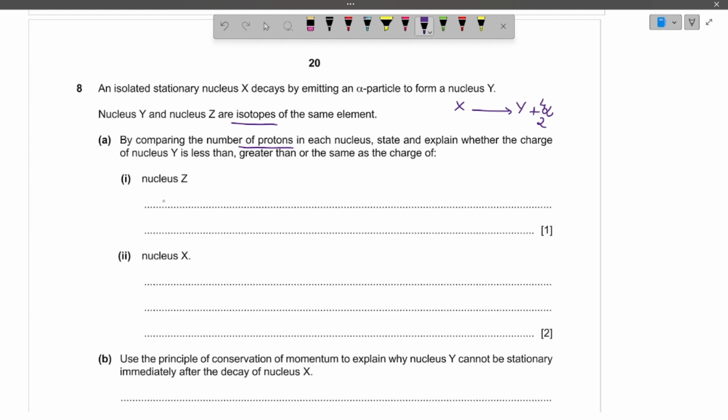Okay, so you need to write: Y and Z have equal number of protons, so they have the same charge.